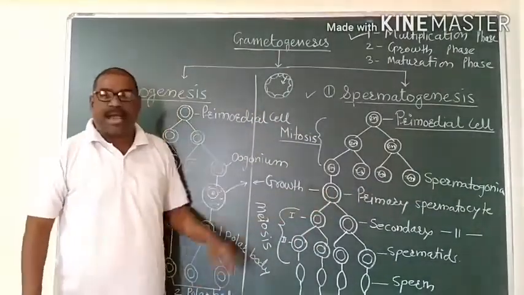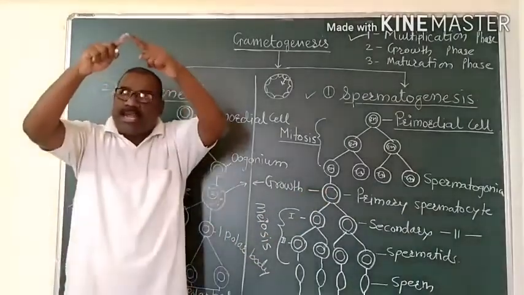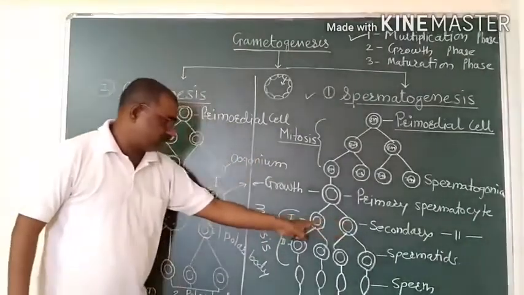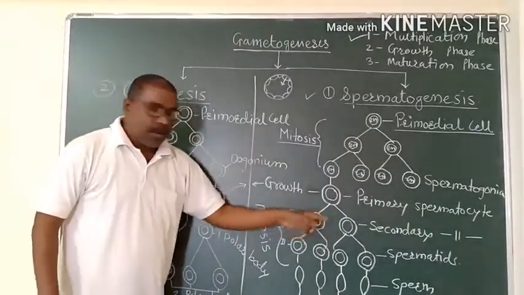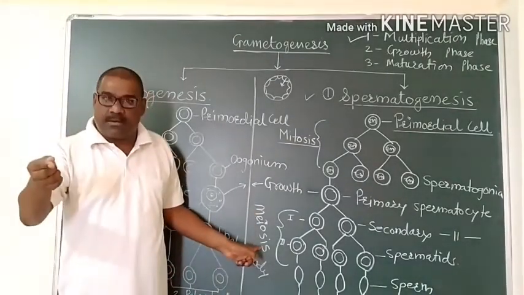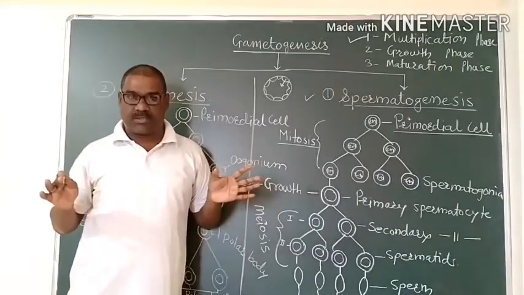Primary spermatocyte. This spermatocyte again divides into 2 daughter cells like this by meiosis cell division. Meiosis means opposite to mitosis.